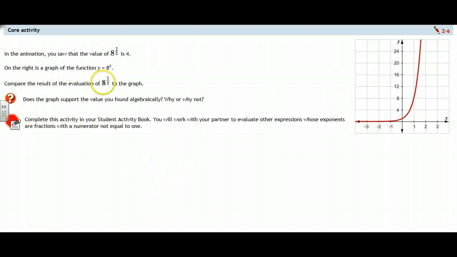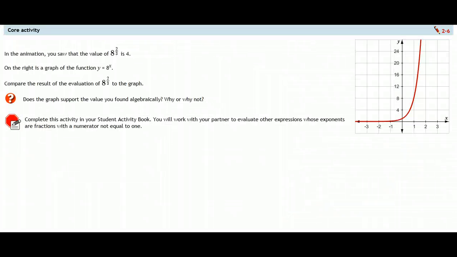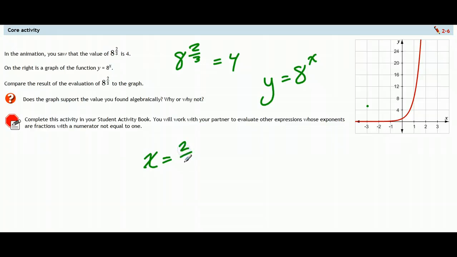Compare the results of the evaluation 8 to the 2/3 to the graph. We said 8 to the 2/3 really equaled 4. And this graph here is y equals 8 to the x. Well, in this case, x would be 2/3, and y would equal 4.